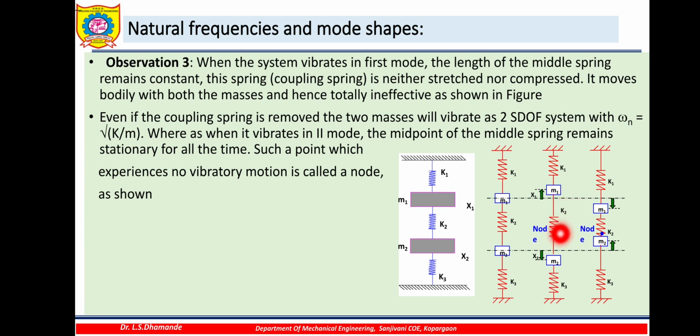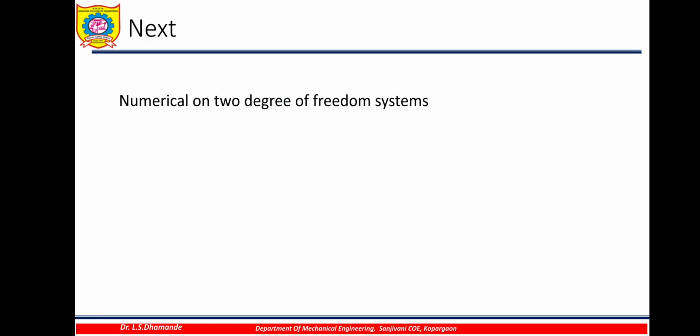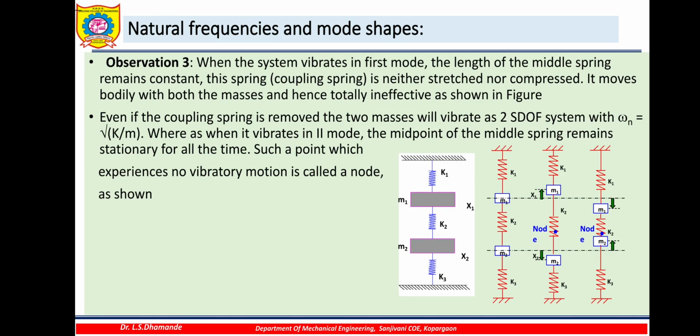This is the node point. In the second mode of vibration you can also see that when the two masses are coming towards each other and moving away from each other, a certain point will be there at the center, which is called a node point.